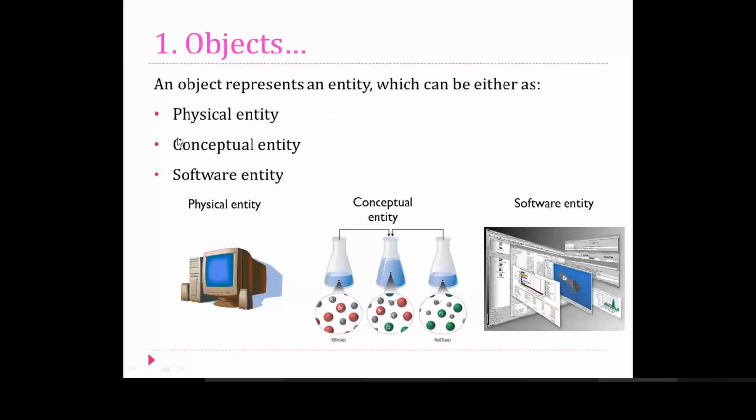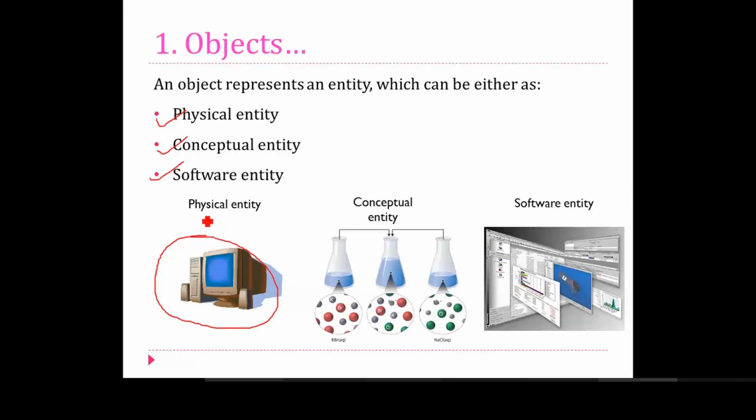Here are the types of objects. We have 3 major types: physical entities, conceptual entities, and software entities. Any entity that physically exists in this world is an object, for example a PC, a laptop, a charger.